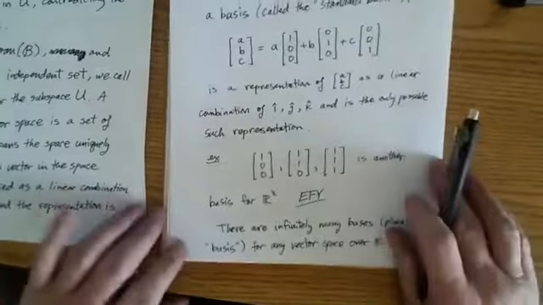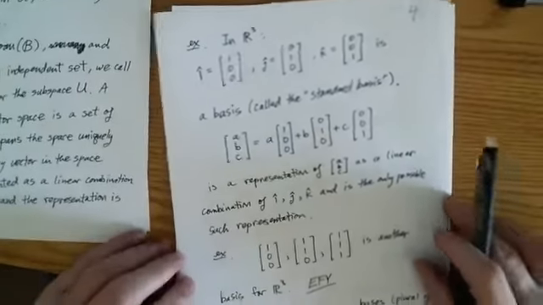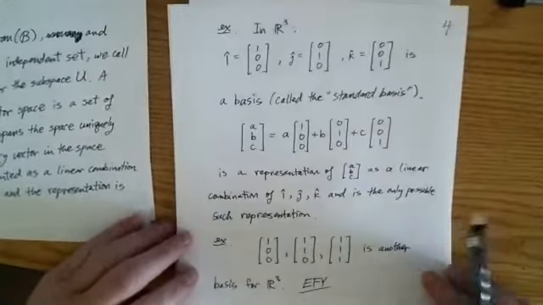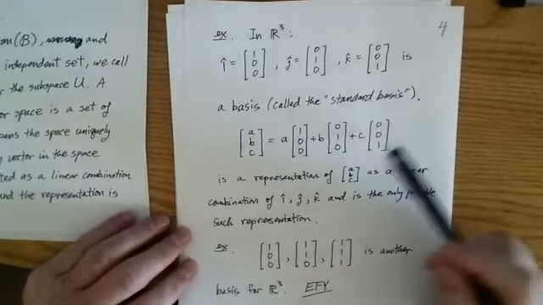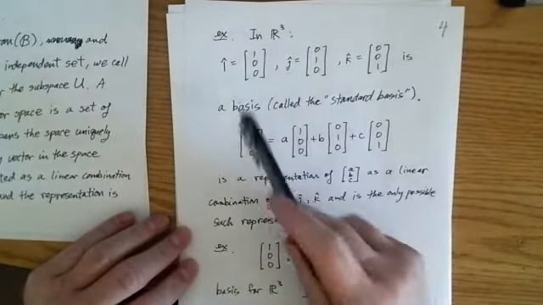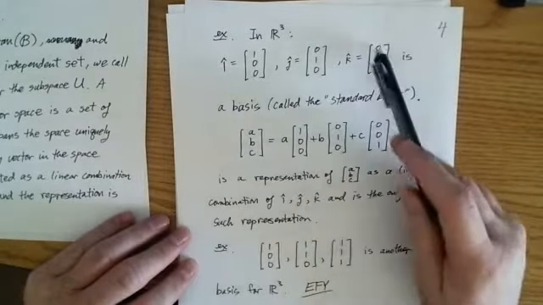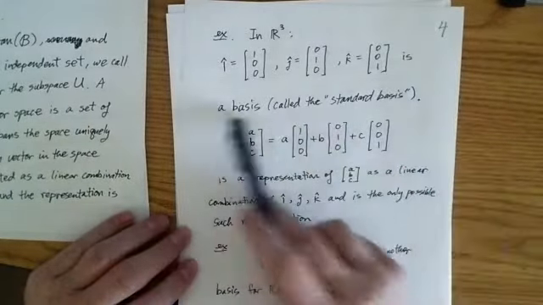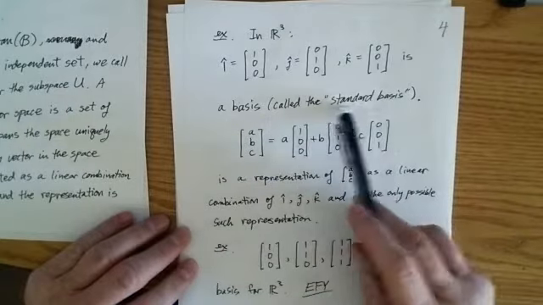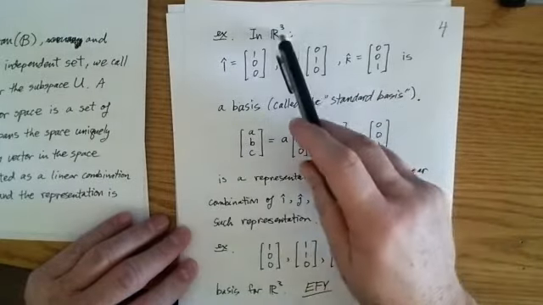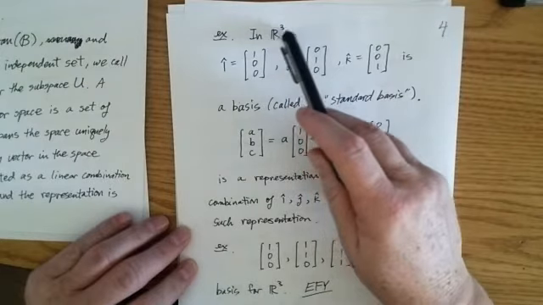What are some examples of bases you've seen before? Well, this is a very easy, common one here. In R cubed, i, j, k, so (1, 0, 0), (0, 1, 0), (0, 0, 1), respectively, is called a basis. This is sometimes called the standard basis. And you can extend this, by the way, to R^n.